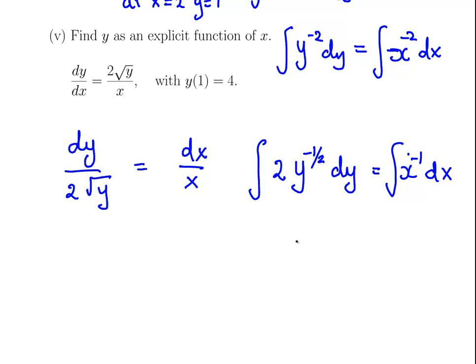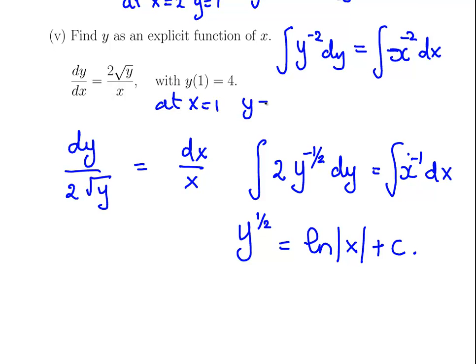Integral of x to the minus 1 is straightforward enough. That is log of x. 2 times y to the minus a half will work out to be y to the 1 half, or square root of y, and that is equal to ln, the natural log of x, plus c. Okay, happy days. So now, at x equal to 1, y is equal to 4.